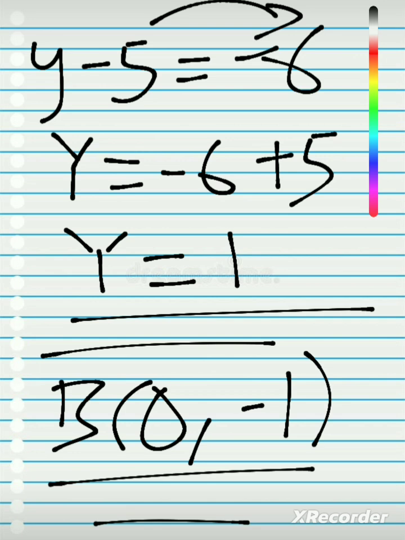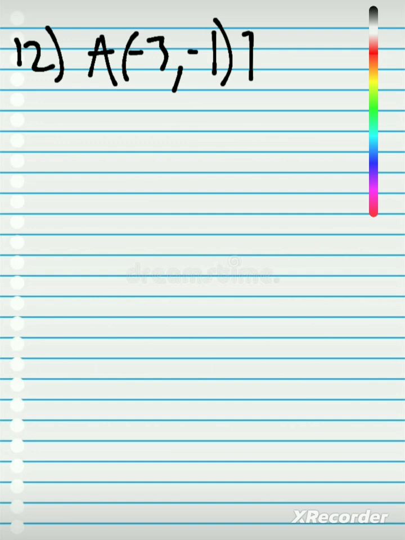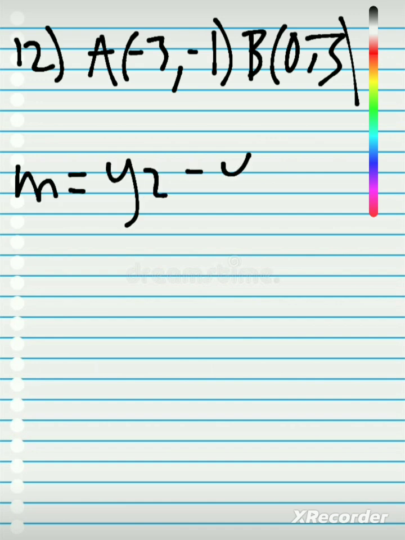We go to question 12 where we're looking for the gradient. So this should be cheap. We have A, which is (-3, -1), and B, which is (0, 3). Okay, so the gradient, we know it's y2 minus y1 over x2 minus x1.